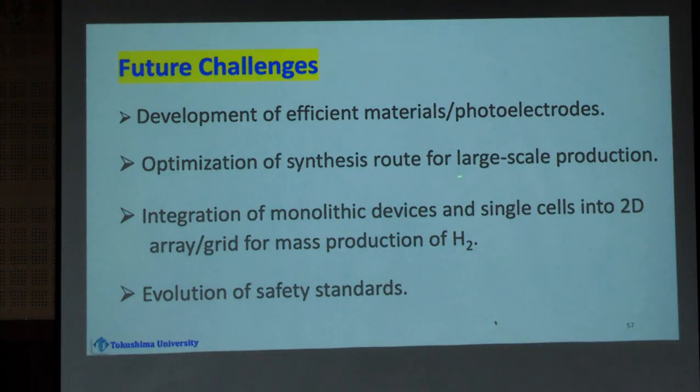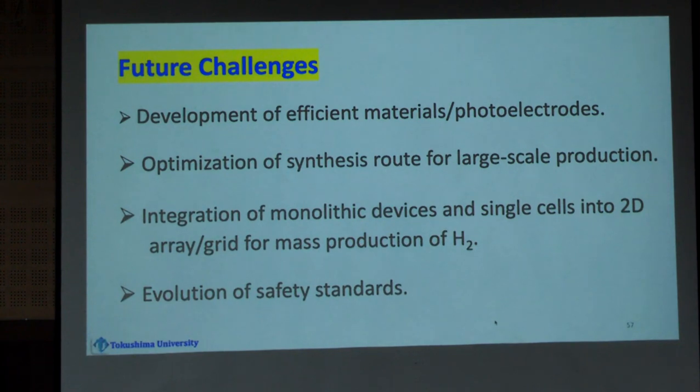Optimization of the synthesis route for large-scale production. When we are making this photoelectrode, it should be possible to make on a larger scale. Integration of monolithic devices and single cells into a two-dimensional array or grid for mass production of hydrogen.